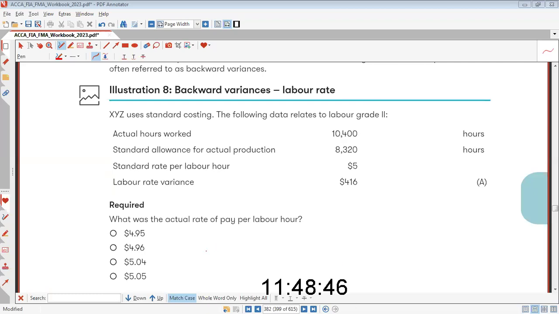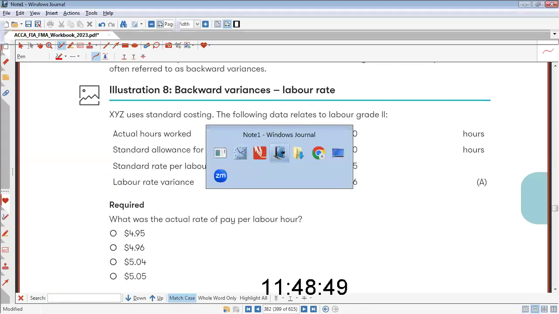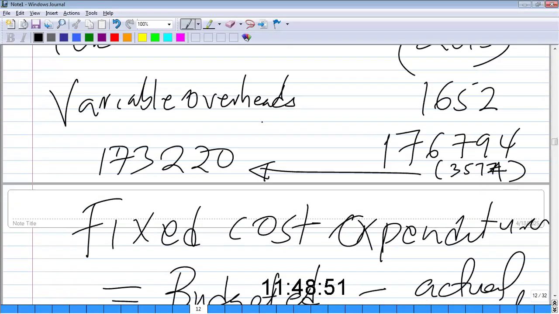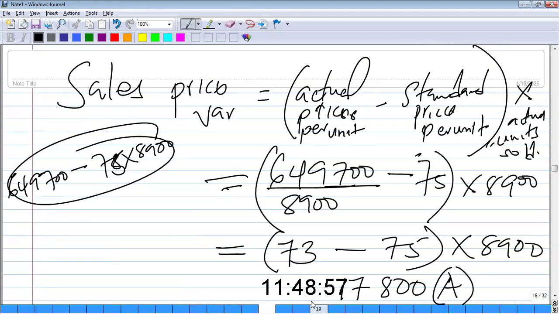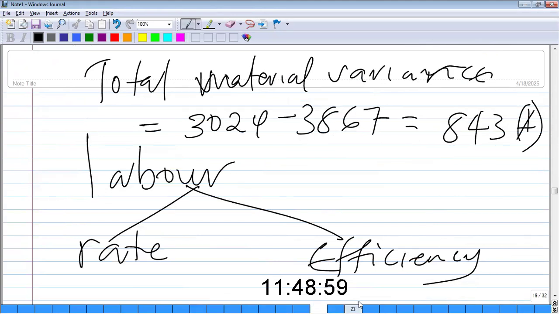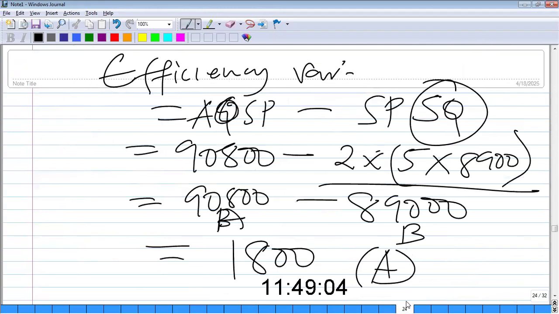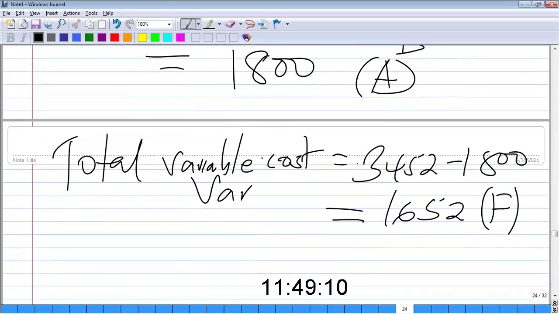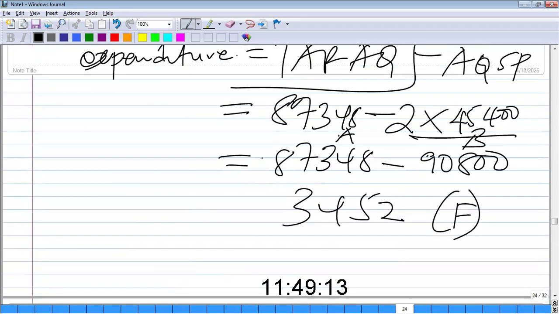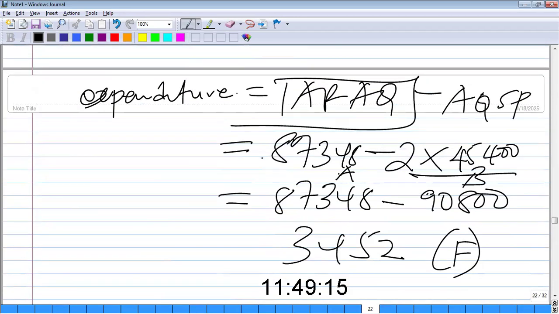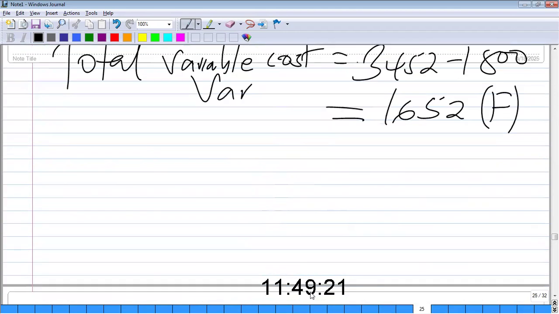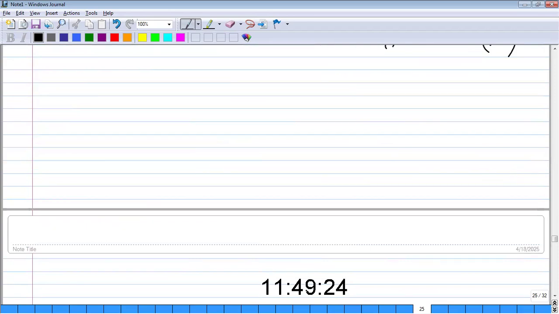Okay, as you ask, the formula is variable overhead expenditure variance. Which one do you want? Variable overhead expenditure. What has left you? The formula. Okay, it's easy. As long as you have the figures, we can just fix them here.